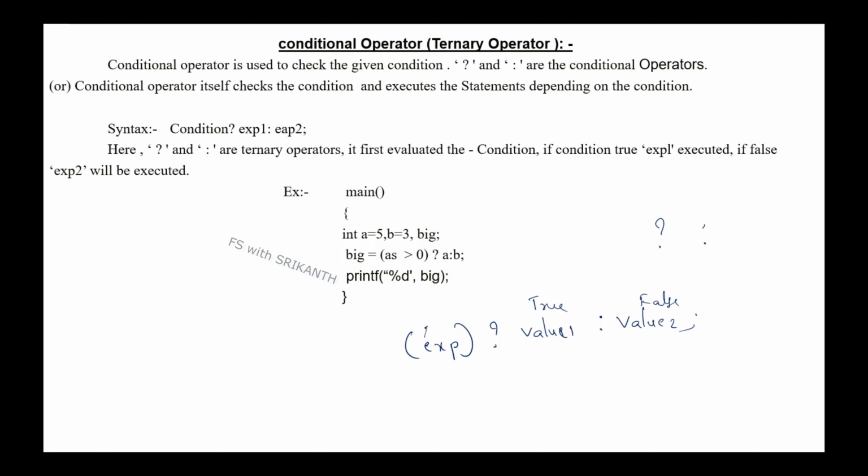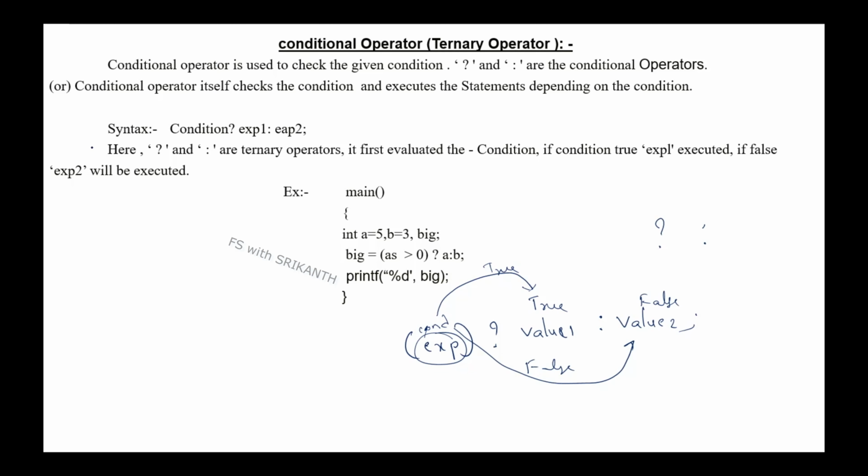If the expression is true, it prints the first value, the true value. If the expression is false, then it prints the second value.